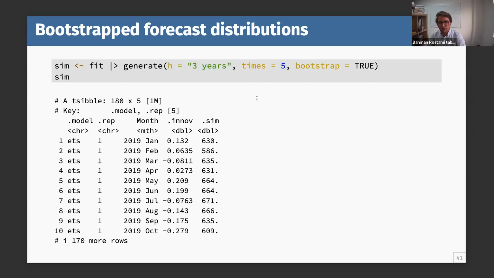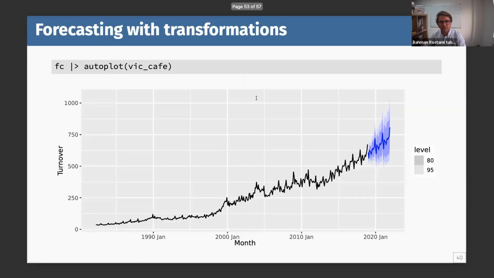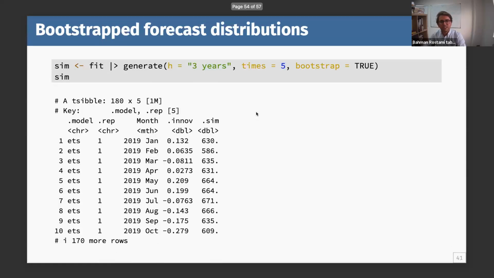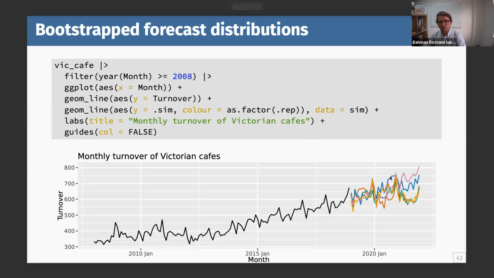And remember, here we are using ETS because our fit is actually here, right? So we use the ETS function. You will get these different possible futures. And if you visualize them, these are the different possible futures that we have here.